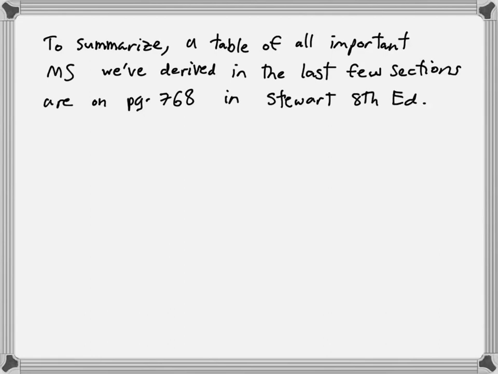Okay, you don't need to memorize this table, but everything that we've written down can be found there as far as the Maclaurin series, okay? The functions that are on that table are things like sine, cosine, 1 over 1 minus x, e to the x, and so on, okay?